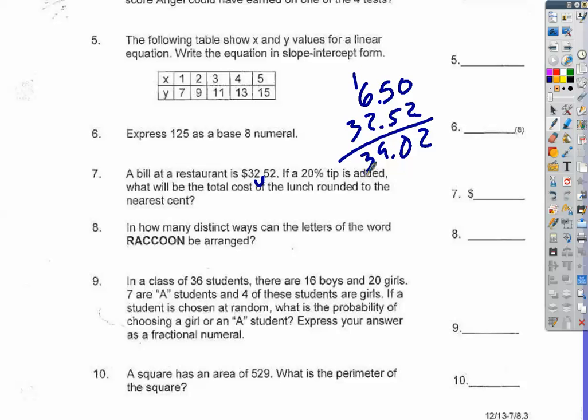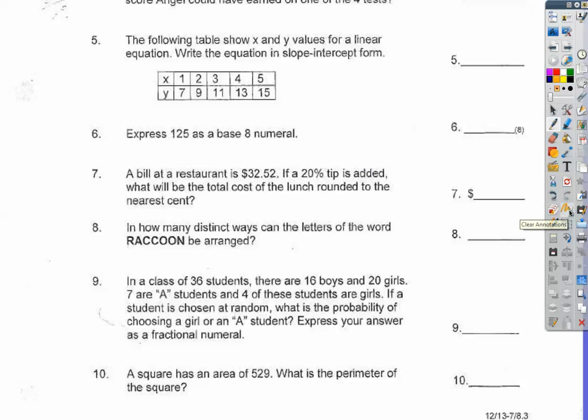How many distinct ways can we write the word raccoon once it's rearranged? So raccoon has 7 letters. So it's 7 factorial. And how many repeats? Well, the C's repeat and the O's repeat. So we have 7 factorial over 2 factorial, those are for the C's, 2 factorial, those are for the O's.